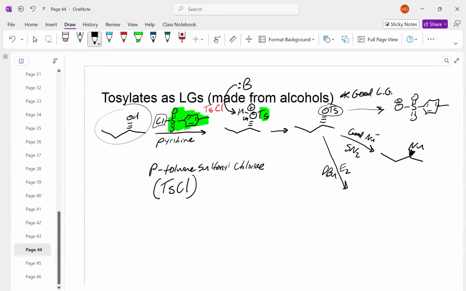We could get the Hofmann elimination. Or if we wanted to get the Zaitsev elimination, so again, another E2 here, we could use a strong base with heat. And so you can see there's a lot of different pathways that can result from using a tosylate.